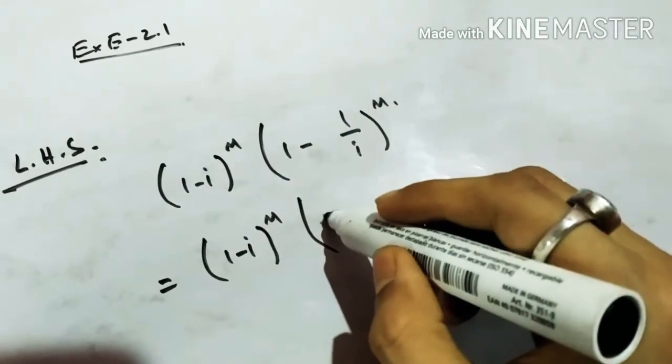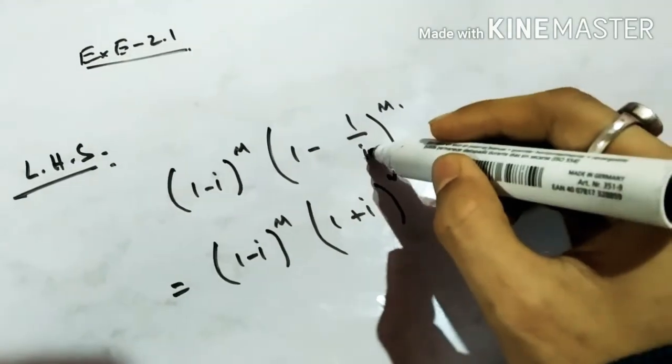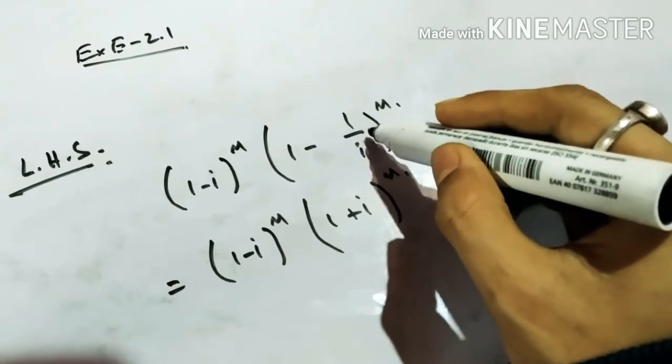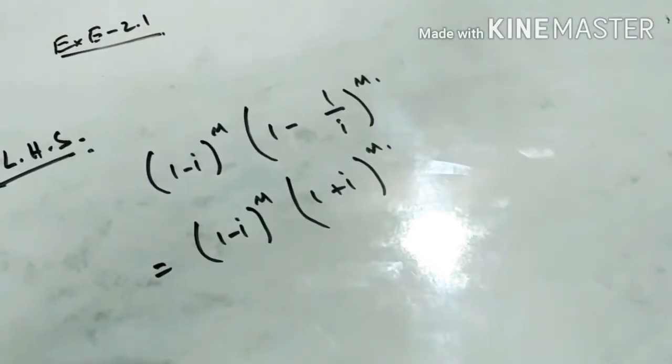It will become (1 plus i) to the whole power n, multiplying both sides. If I multiply, I will get this (1 plus i) to the whole power n.